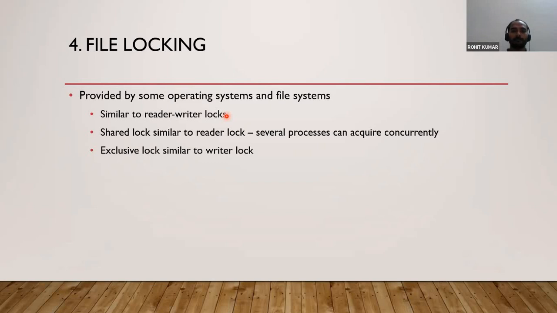When you are sharing something, you cannot write at that moment, because if all agree to write, there will be inconsistency. A shared lock means you can only read, not write. An exclusive lock is similar to a writer lock, meaning you can write. You need to maintain the exclusive lock so that while you are accessing that file, nobody else is able to unlock it and write into it.